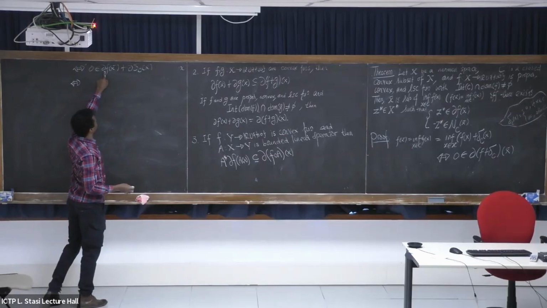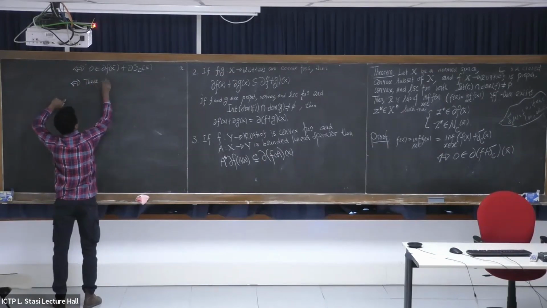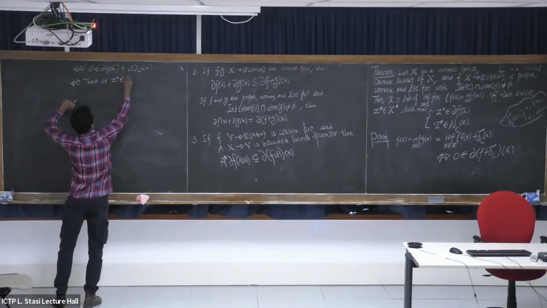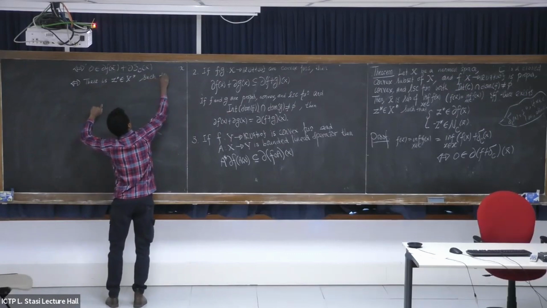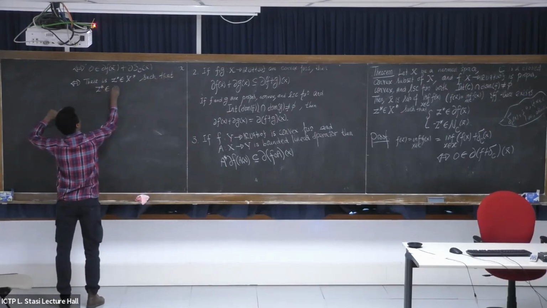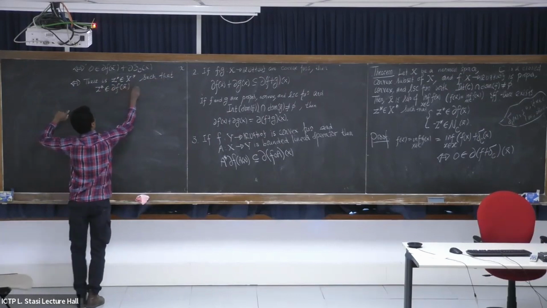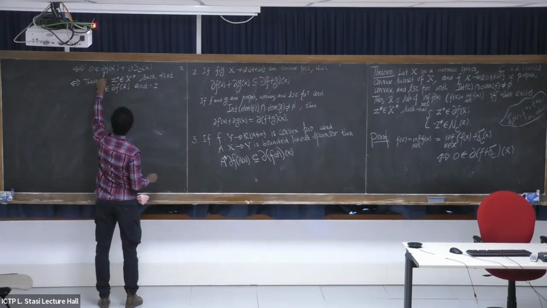There is x star, an element of the subdifferential of f at x bar, and it must be one element from here such that the sum is zero.